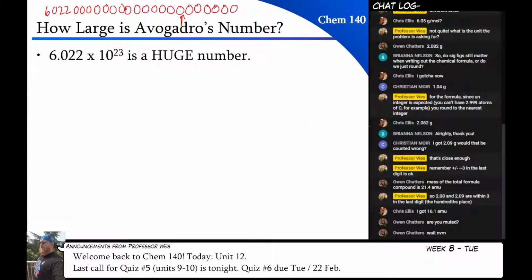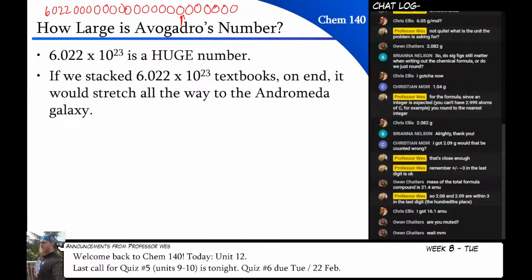Would it reach to the moon or the sun? Turns out it would go all the way out of the Milky Way galaxy, and it would reach the next one over, the Andromeda galaxy, and go through it too. That's how far away the Andromeda galaxy is. You need 10 to the 23 textbooks to get there. But then you'd have a nice little bridge that you could walk along to the Andromeda galaxy. That'd be fun.